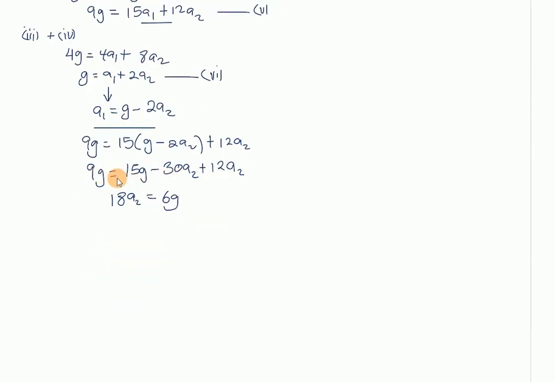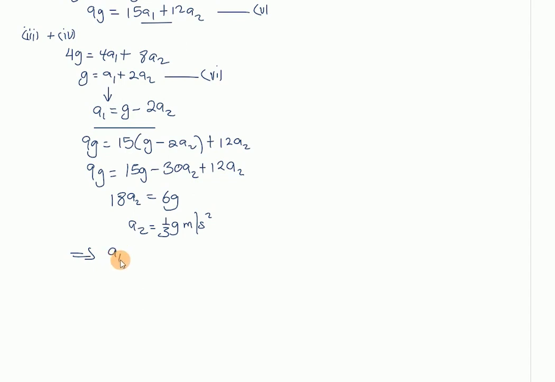If I work out here 9g and then 15g, taking the g to the right and this one to the left, we get 18a2, such that a2 is equal to a third of g in meters per second squared.